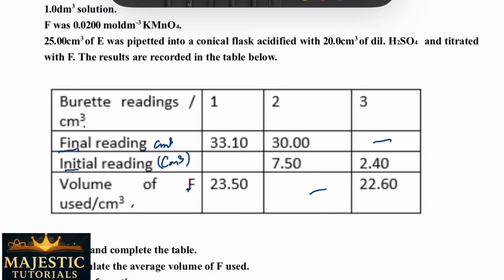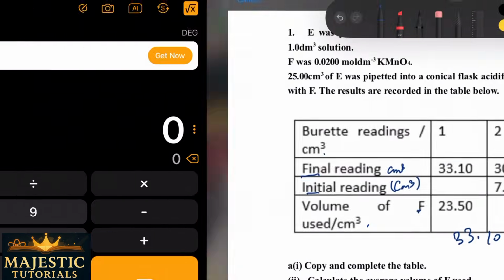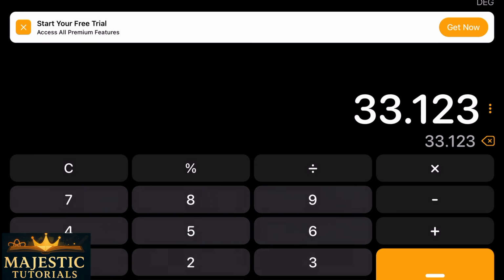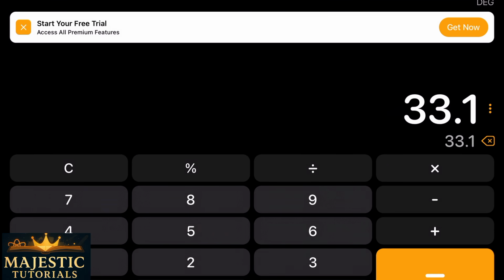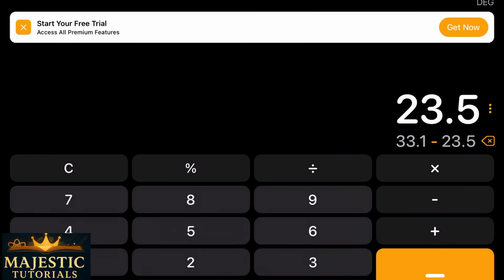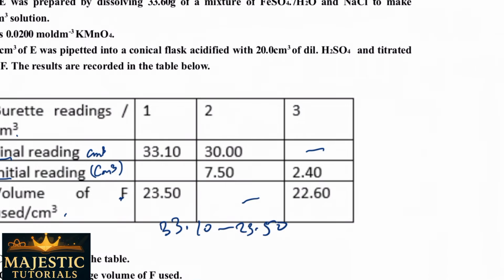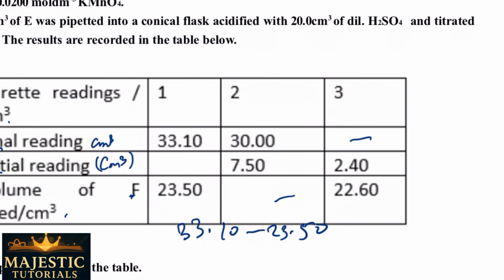Mathematically, simply 33.10 minus 23.50. This is giving us 9.60. So we go back: 9.60. So I was correct.